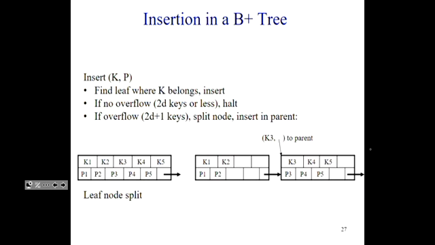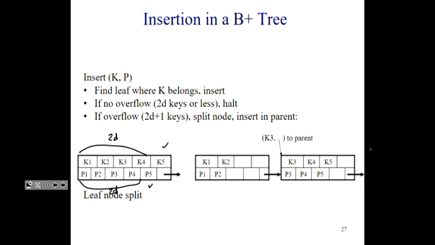The leaf node split, again, just bear with me through this and then we'll look at an example. For a leaf node, let's say you have 2D pointers to records, and 2D in this case is 4, right? And you have one extra pointer, and you have 2D keys, and you have one extra key.